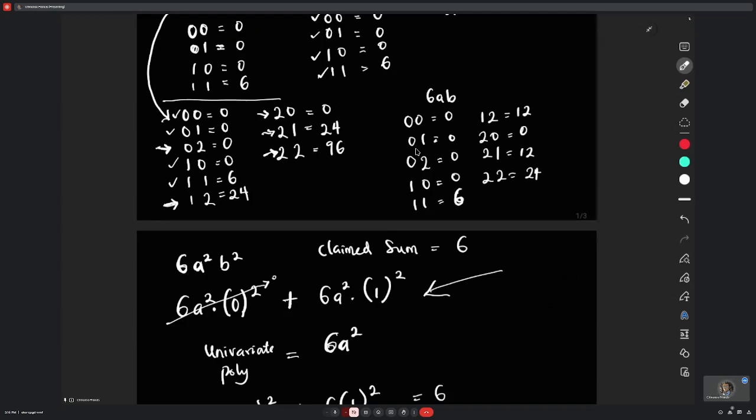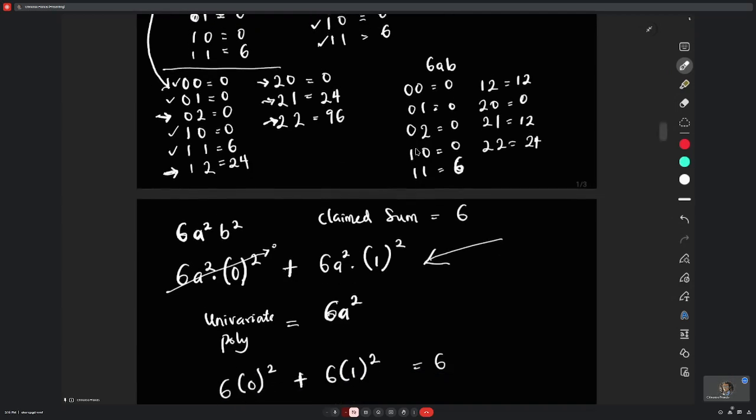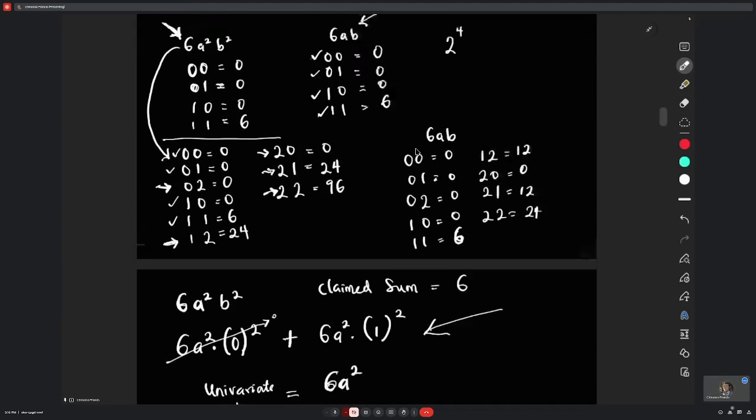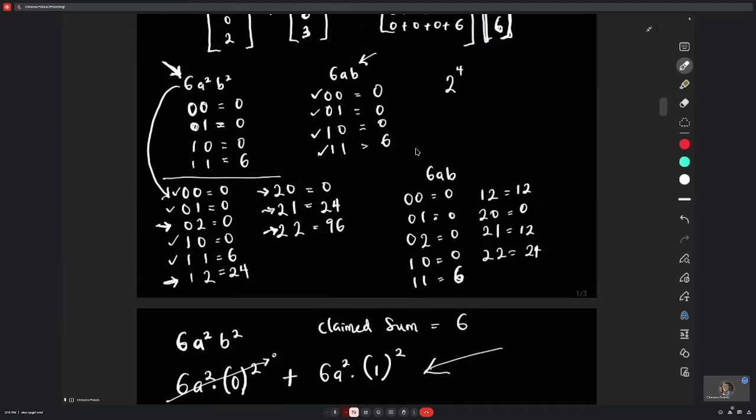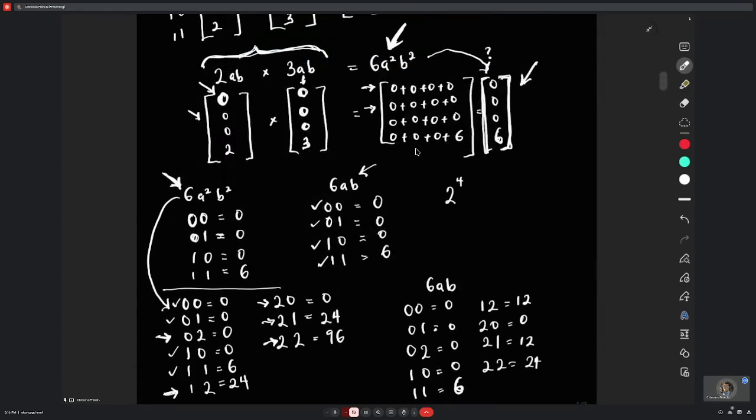If they are not the same degree, maybe like a square b square plus b square c square, you can't add it directly like that. We can just add 0 maybe to make up for the extra variable. But let's not go into that yet. We are still going to talk about that because you will need that when you are implementing.